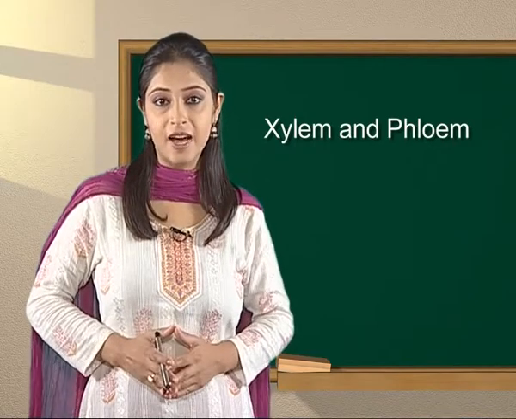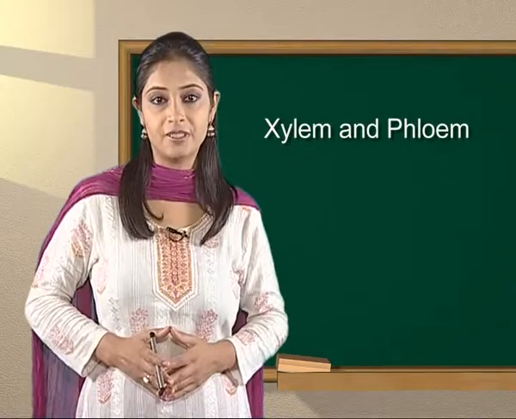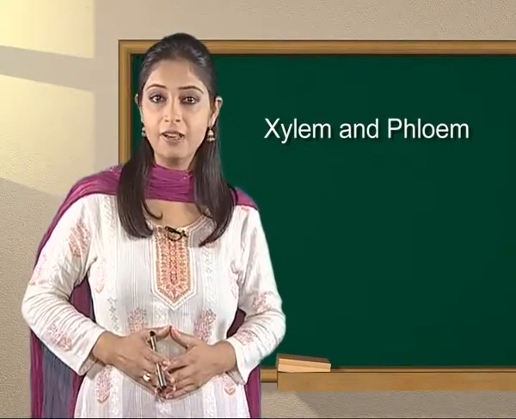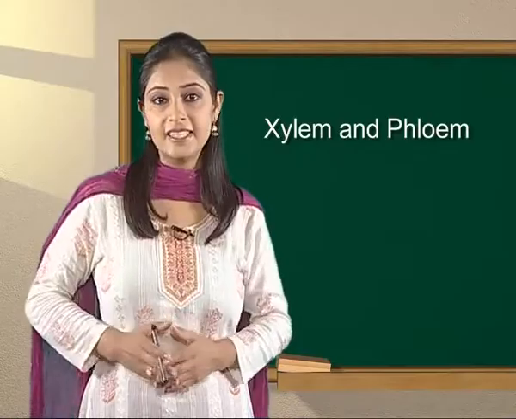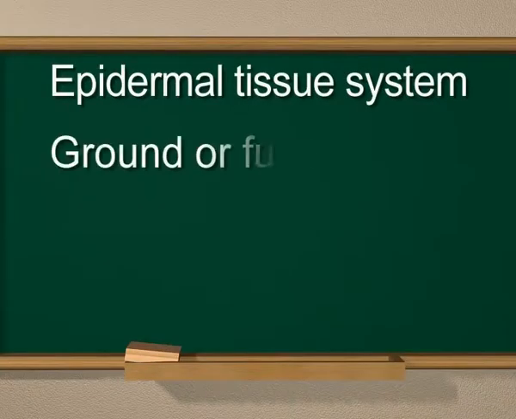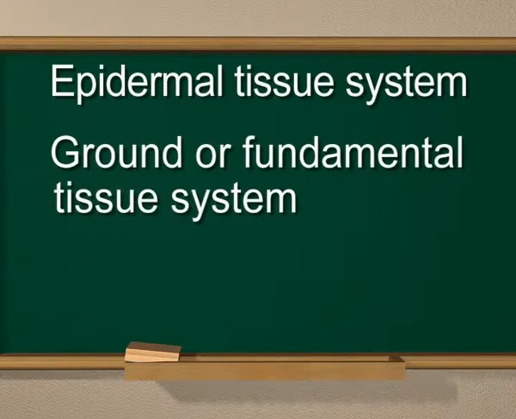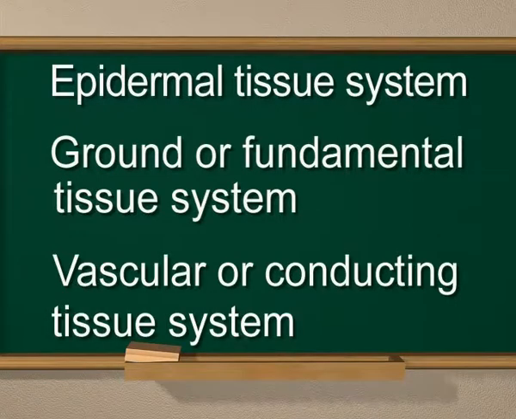Plant tissues are characterized and classified according to their structure and function. On the basis of their structure and location, there are three types of tissue systems. These are the epidermal tissue system, the ground or fundamental tissue system, and the vascular or conducting tissue system.